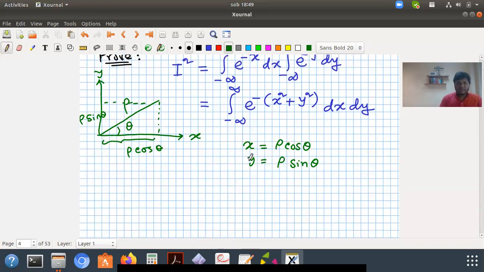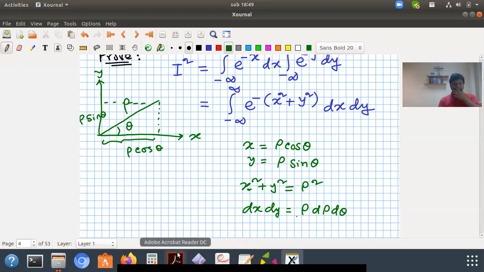Then x square plus y square will be rho square, and dx dy equals rho d rho d theta. This is well known to all of us.